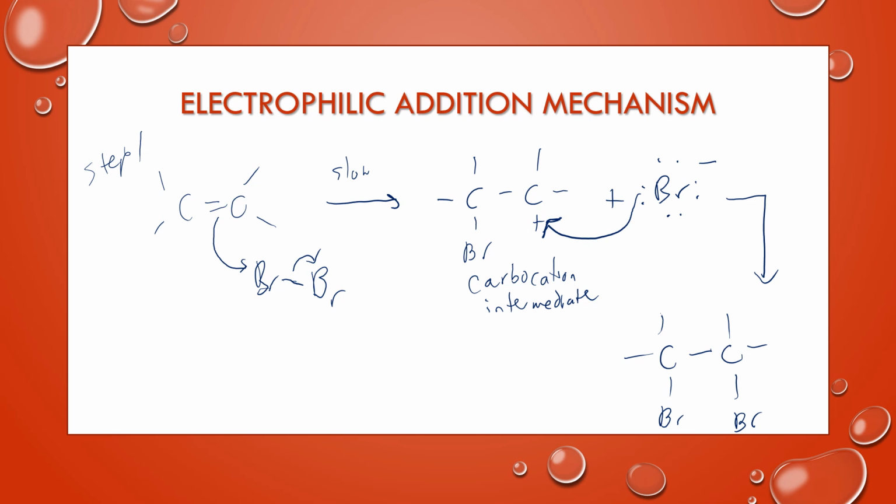Now this second step is fast in comparison, so that first step is definitely the rate determining step, and step 2 is our fast step. And you can see that one bromine adds to either side. So anytime you have any of the diatomic halogens, it's going to add one on either side of the double bond or the triple bond for halogenation.